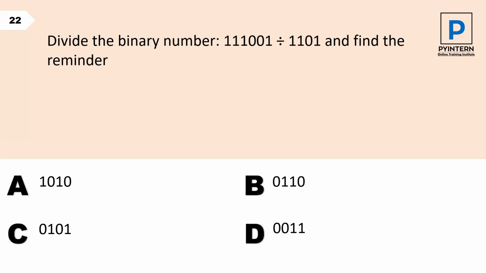Divide the binary number 111001 by 1101 and find the remainder. We try to do it by converting into decimal form.